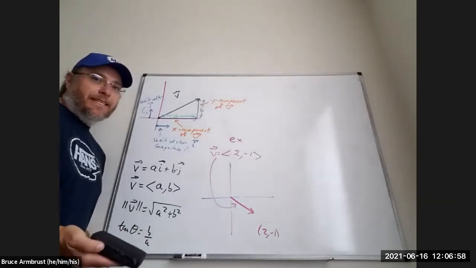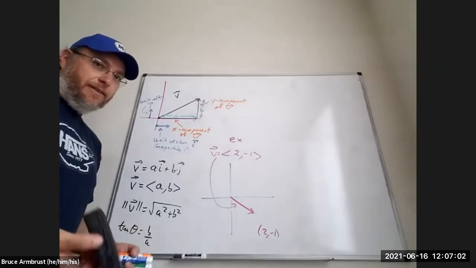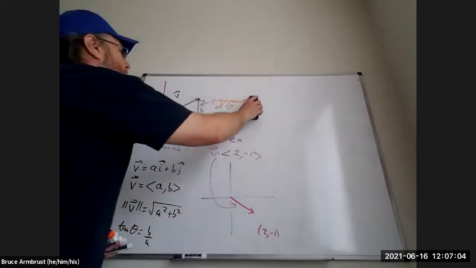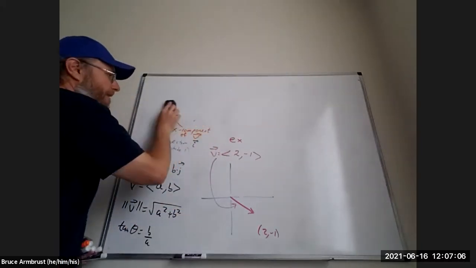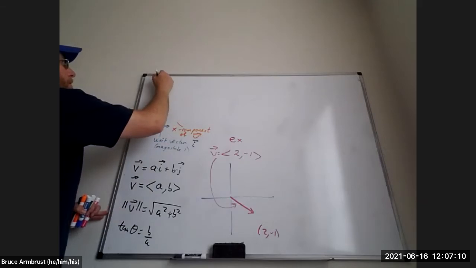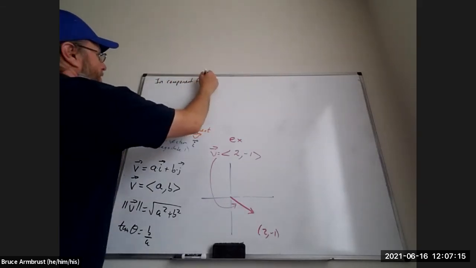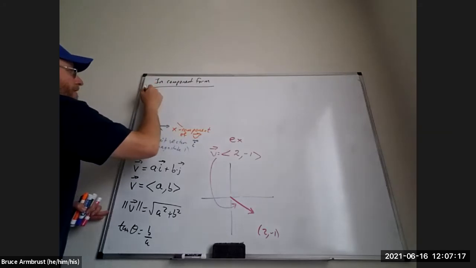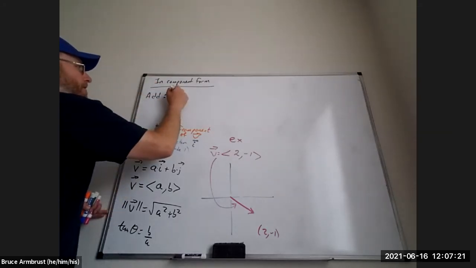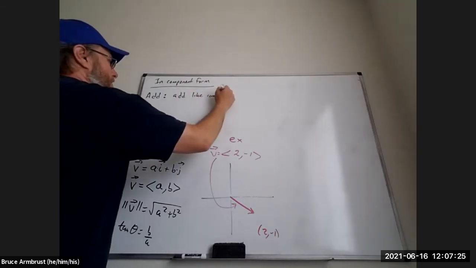All right, well, let's get to the algebra on this. All right, Bruce, show us how fast this can actually be done. You're gonna like this, I promise. So, in component form, first, to add, all you do is add like components.